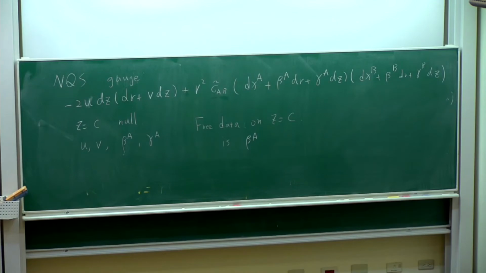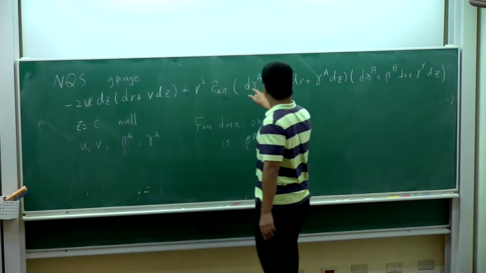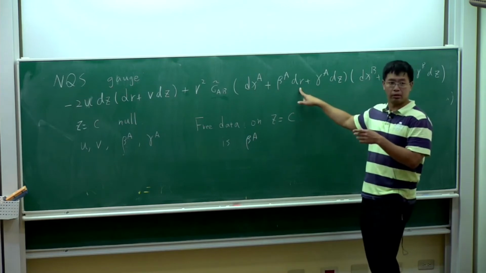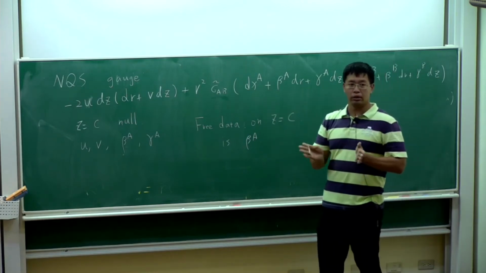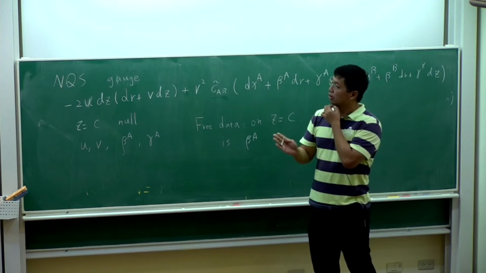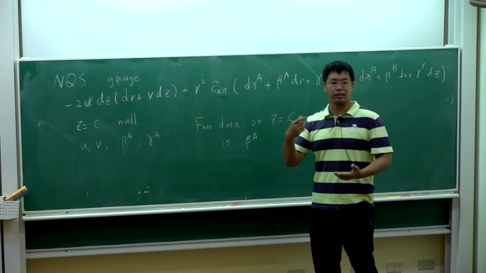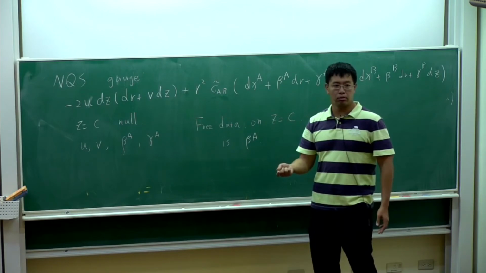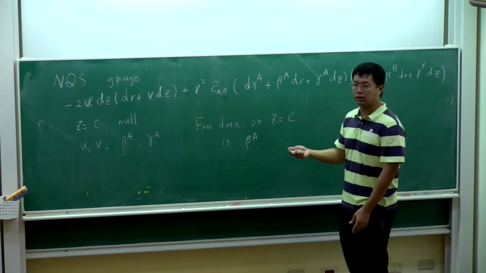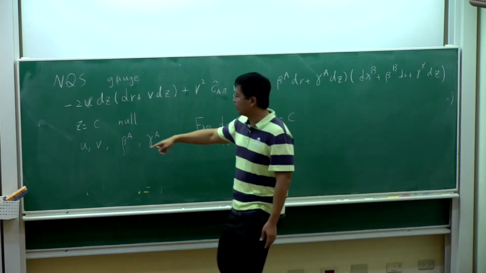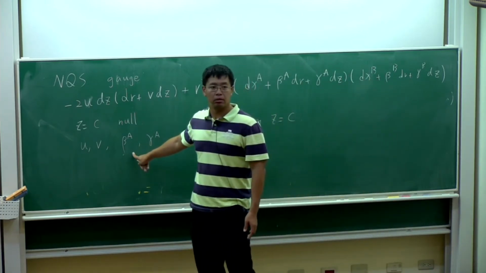And also, going back to this picture, although we have a standard metric here, because x^A and d/dr are not perpendicular, when I compute the second fundamental form inside the null hypersurface, I still get something nontrivial. Okay, and in fact, I will get a derivative of beta.